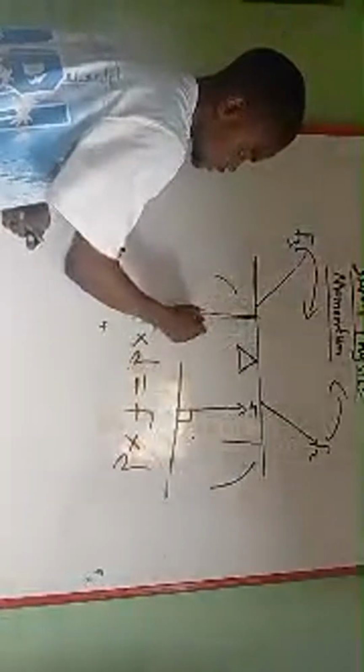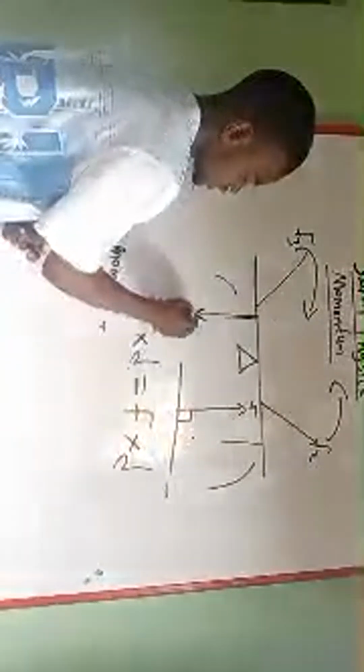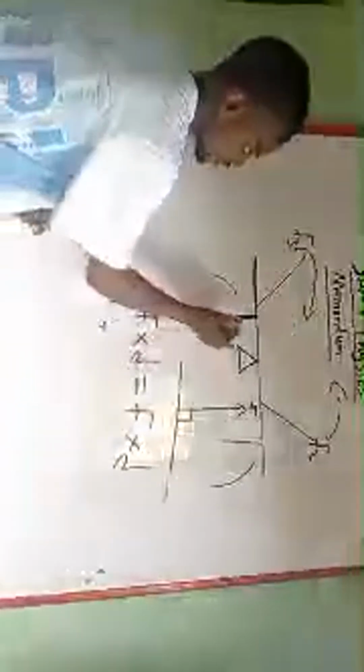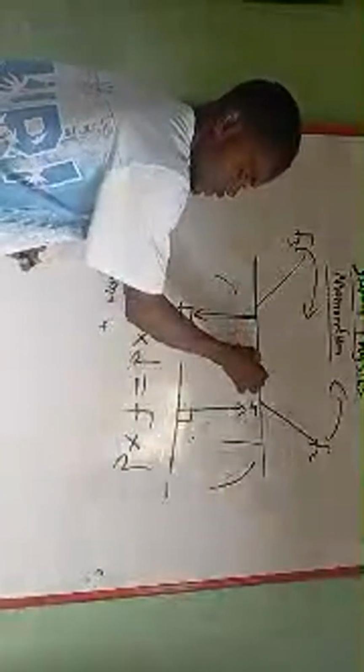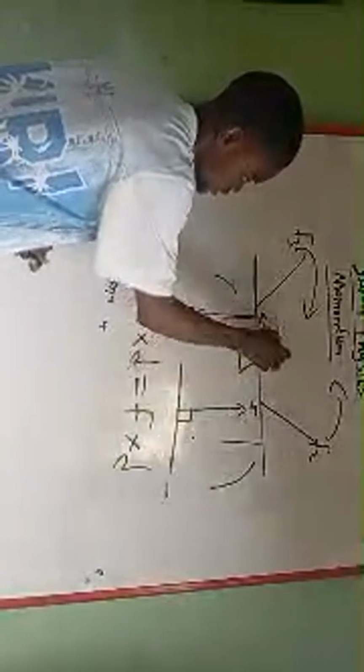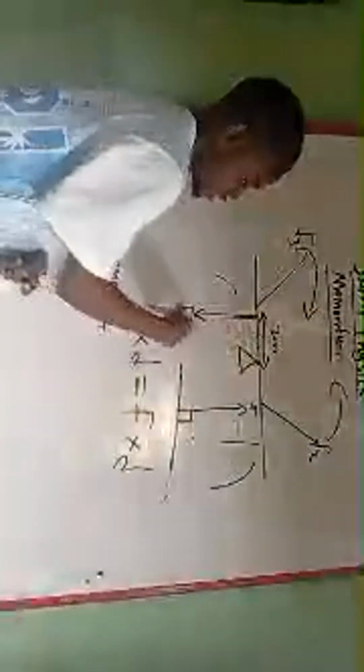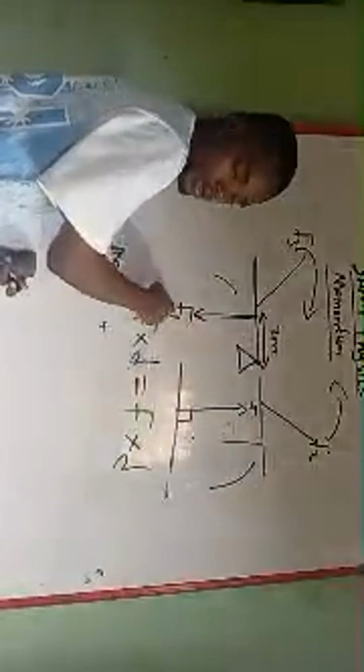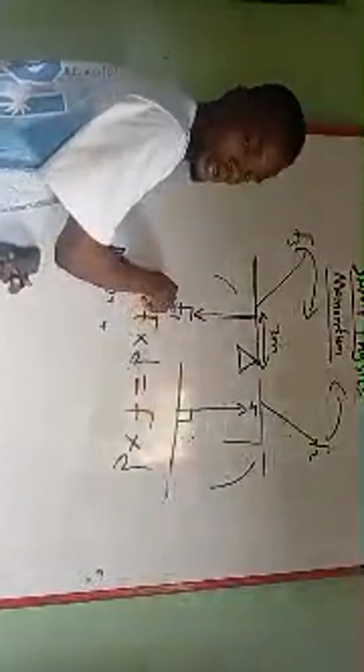So, for instance, using this same metal rule that I have here, if this is force 1, and from this place to this place is assumed to be 3 meters, the moment here is equal to this force multiplied by the perpendicular distance.